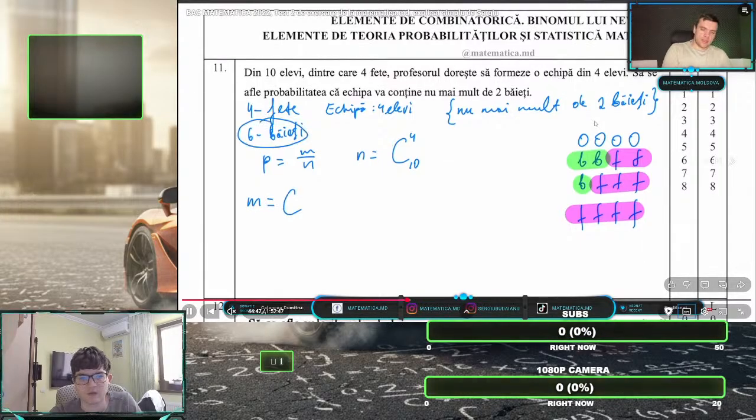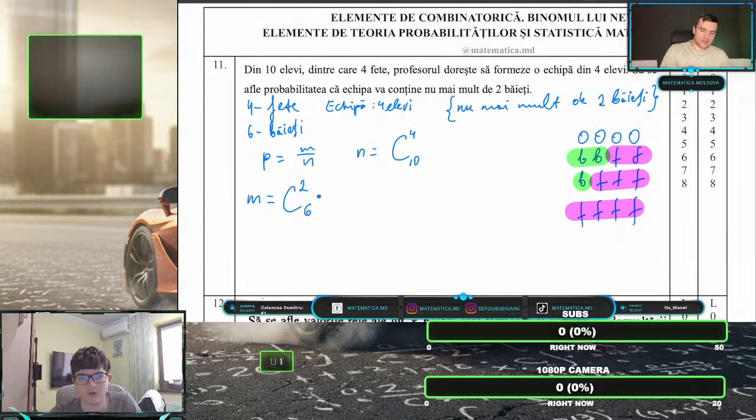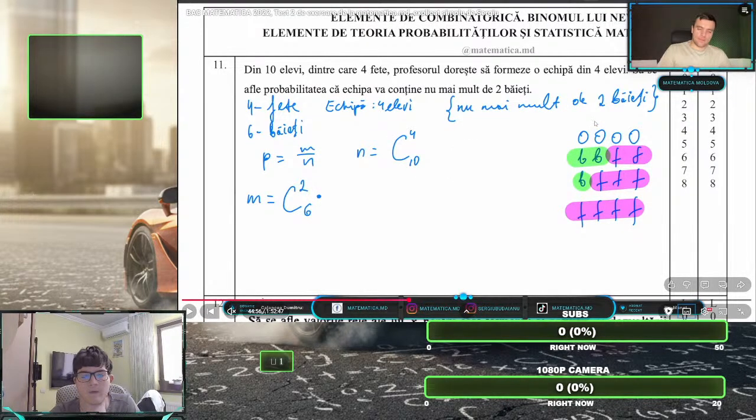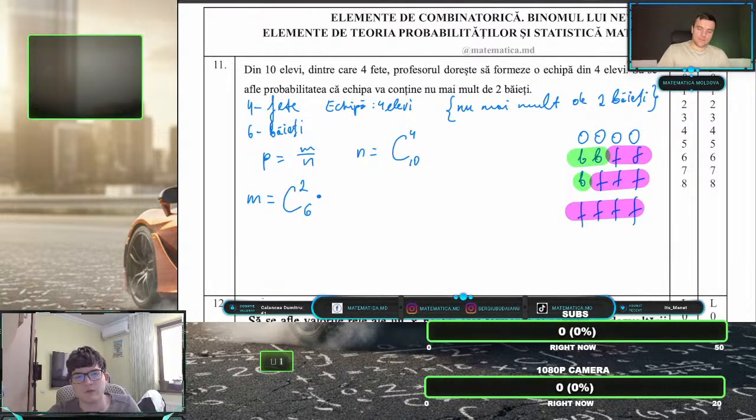Let's see what is done here. 2 there. Oh, so yeah, based on rows. So you take the first row, and then you take another C. 4 girls in total. In this first row there are 2 girls taken, so below you have 4 and above 2.